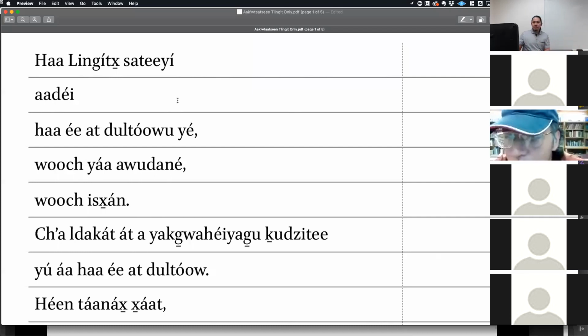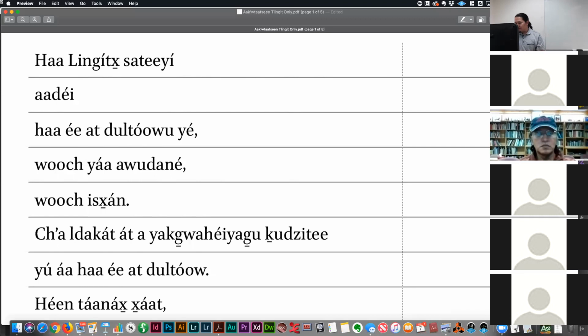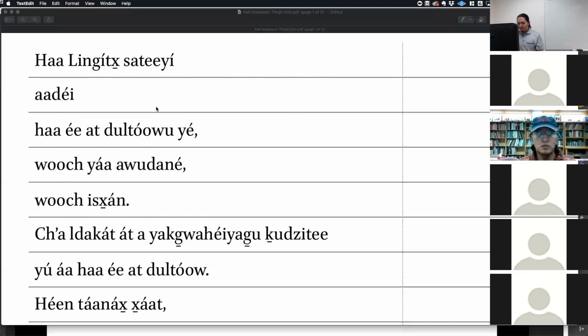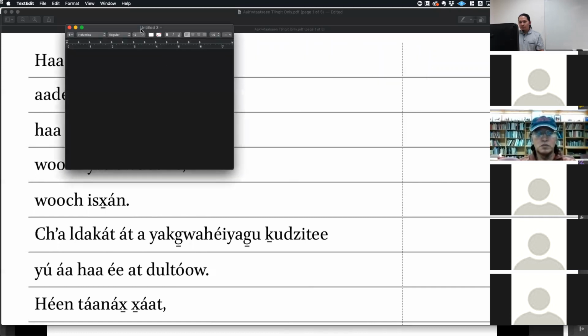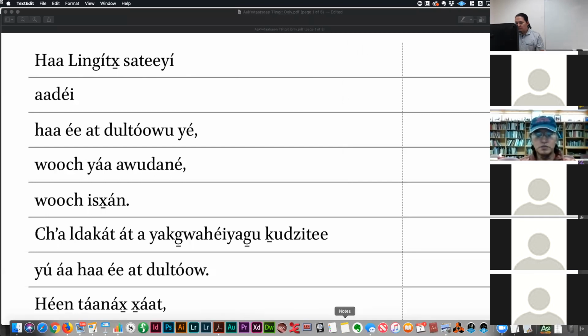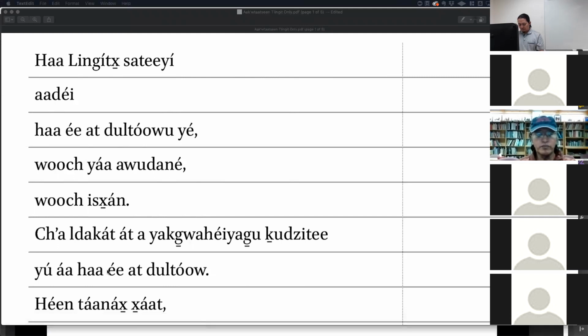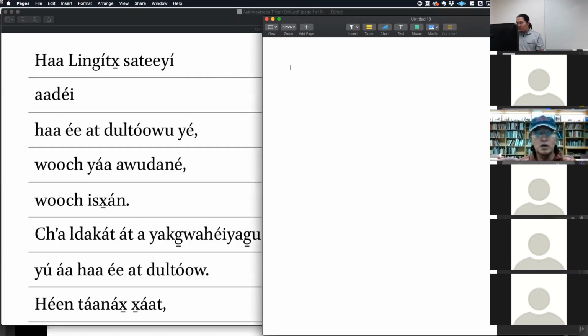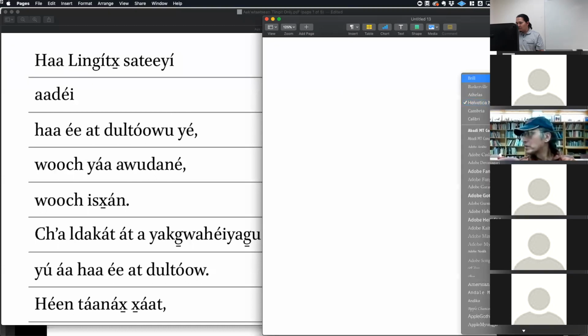Yeah, so, well, there's a couple things, right? One is, if we were to write this as Tlingit ha city, let me open a little notebook thing here on the side. Oh, I don't think that's going to work. Hold on. Let me make some notes here on the side that we can hopefully all read.